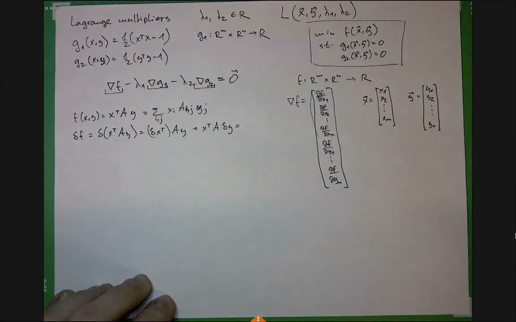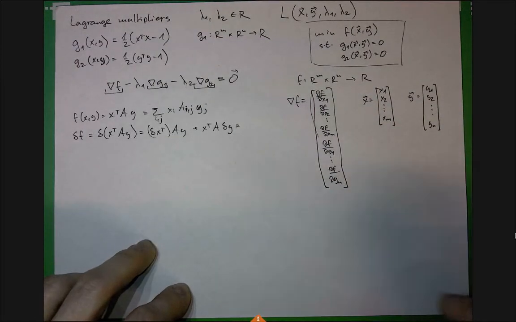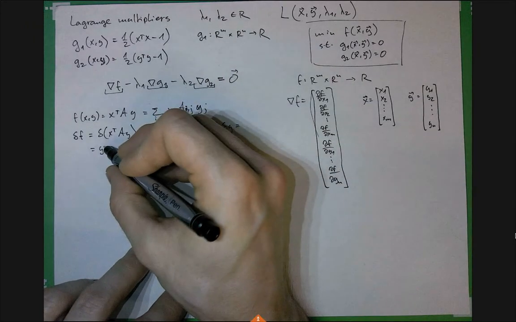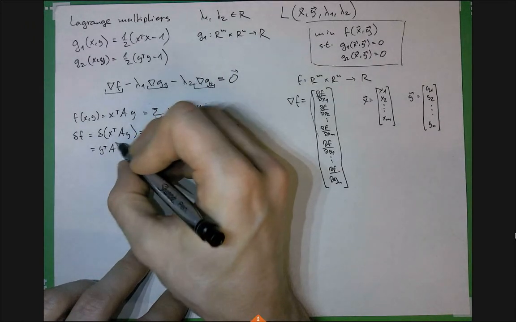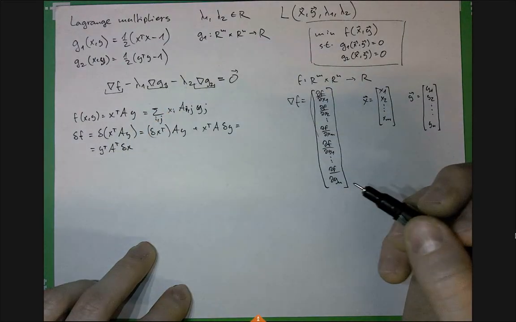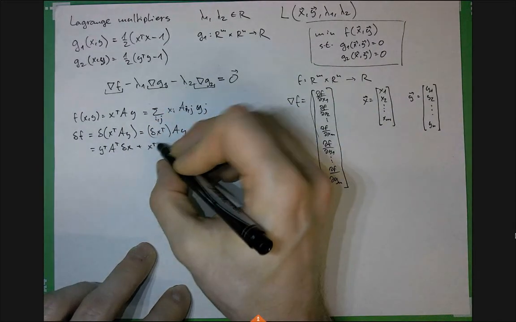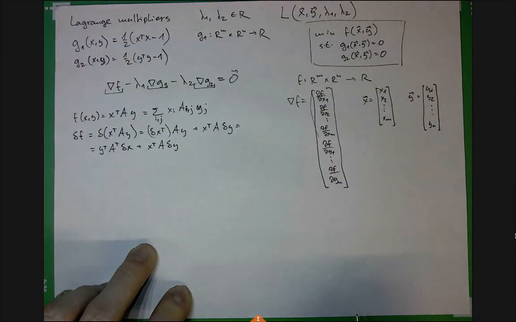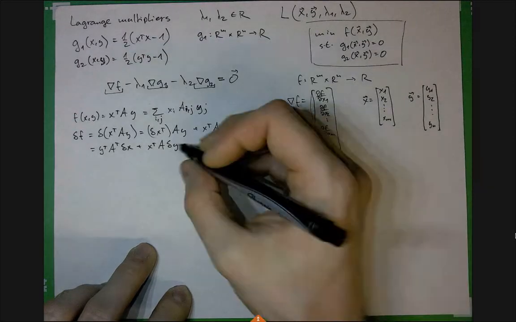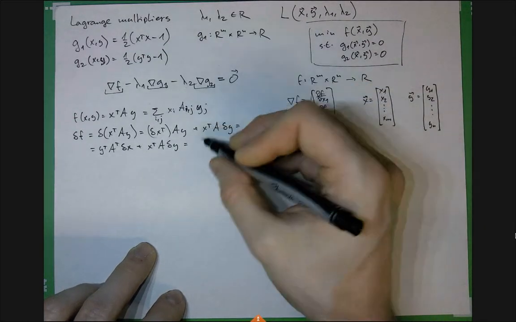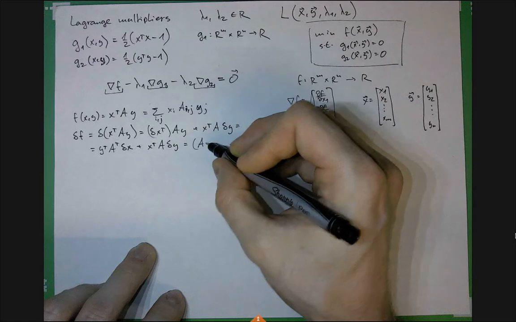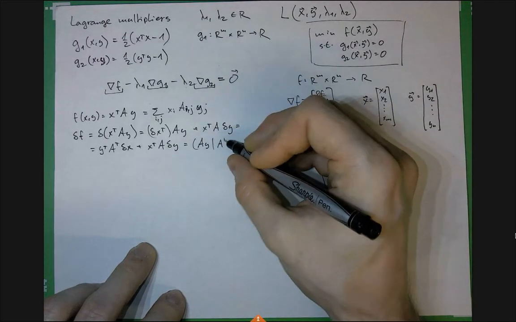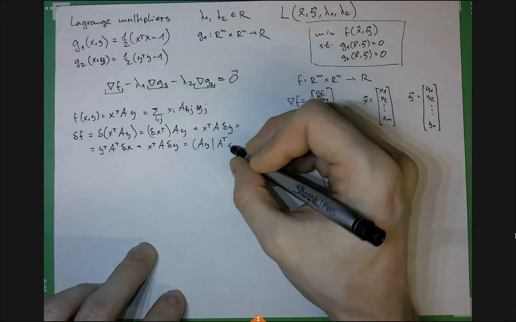Now I can transpose this entire thing, so I get y transpose A transpose dx plus x transpose A dy. Then I can use some matrix algebra to write this formula like this. Let me first write it down, and then we can discuss it to make sure.